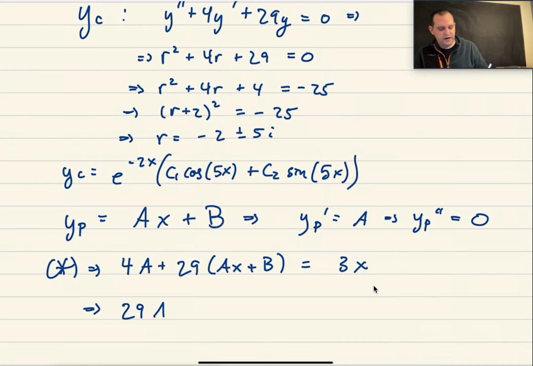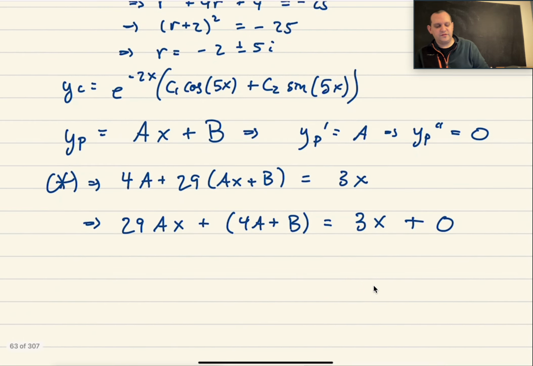So you end up with 29ax plus 4a plus b equals 3x, and I'm going to think of this as 3x plus 0, because we're going to compare the corresponding coefficients. So we want 29a to be equal to 3, and we want 4a plus b to be equal to 0.